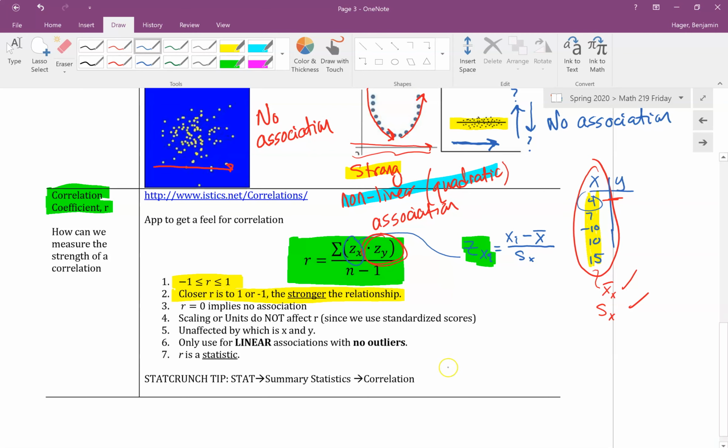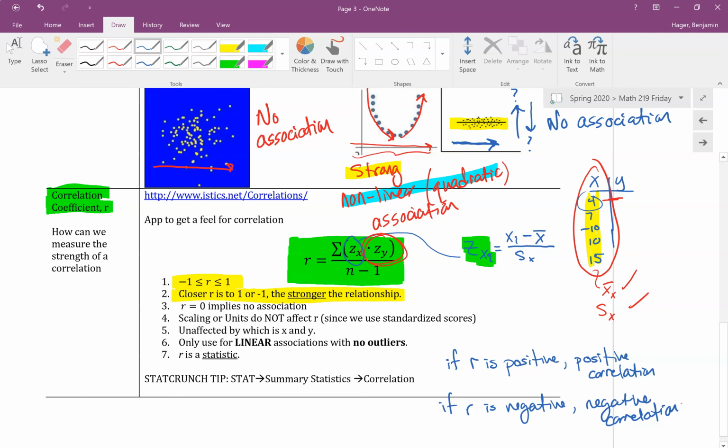Let me write that down. R is positive, we have a positive correlation, or association, and I tend to use those words interchangeably.